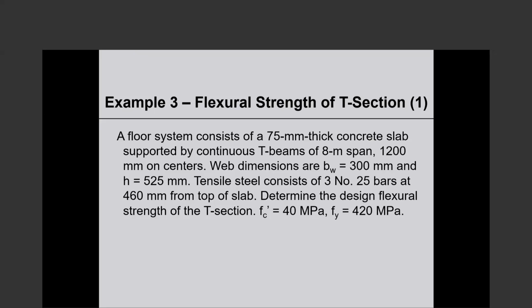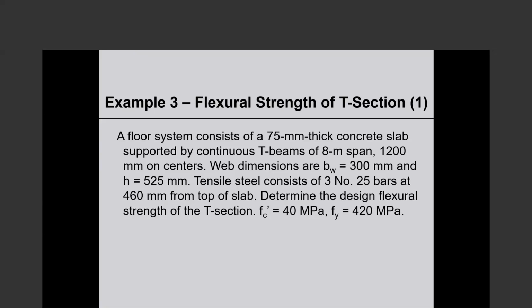Web dimensions are b sub w 300 millimeters. That's the width of the T-beam. Sub w is for web. Now there is a flange and a web. And h, the total depth, is 525 millimeters. This h is pretty problematic in ACI 318. You have to always figure out what it means. For a beam, h is the total depth.